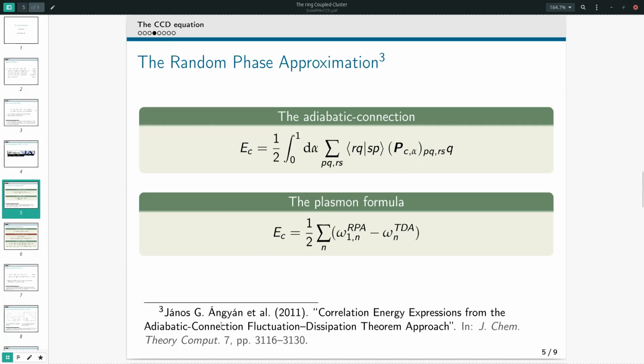In the paper from Angyan, they also look at the two other possibilities: exchange here but not here, and no exchange here but exchange there. But for the coupled cluster, I will not be interested in those two possibilities for the moment. That's the way we do our RPA calculation.